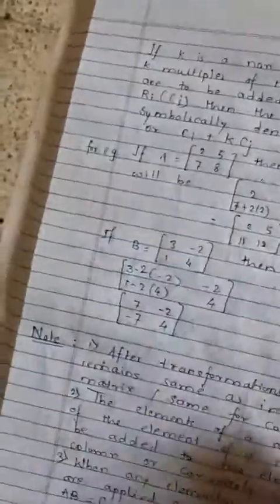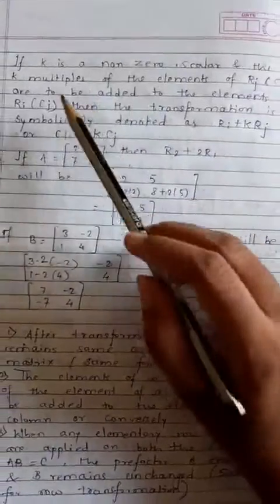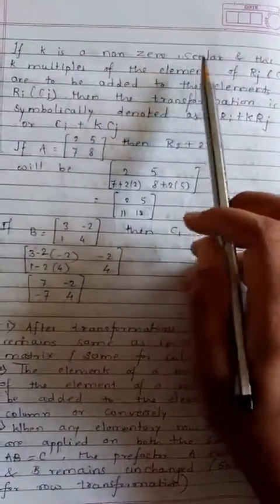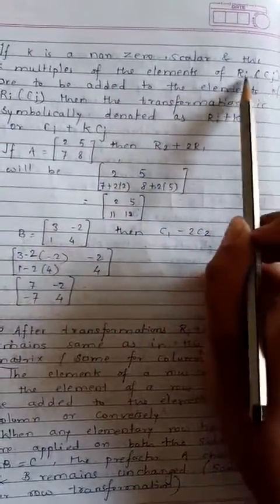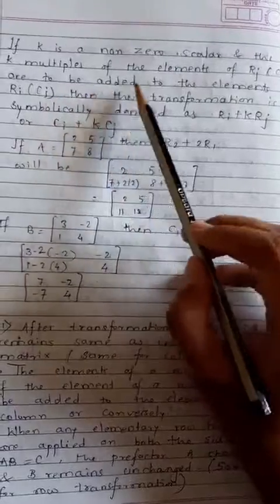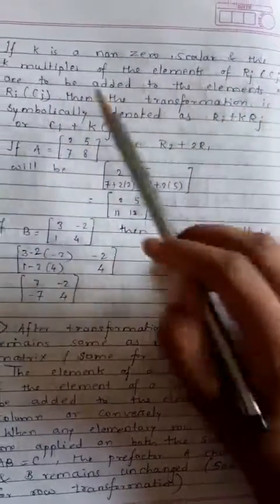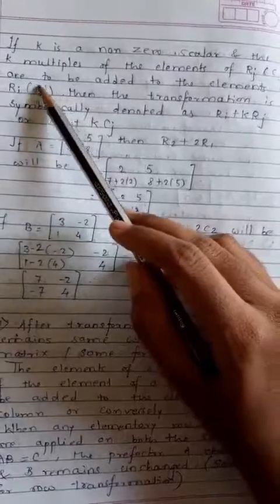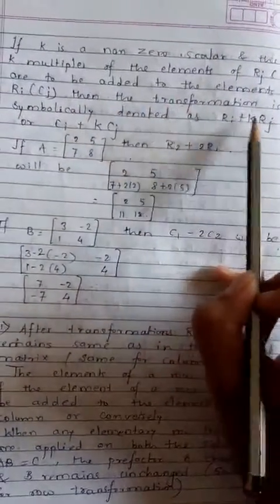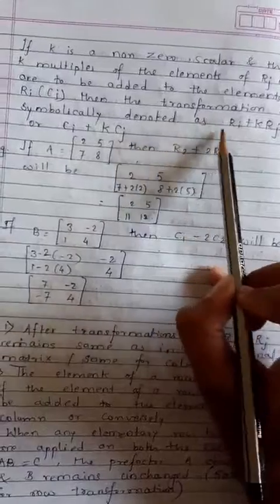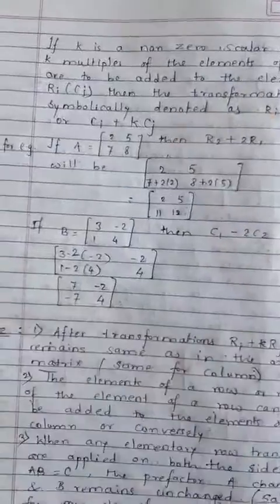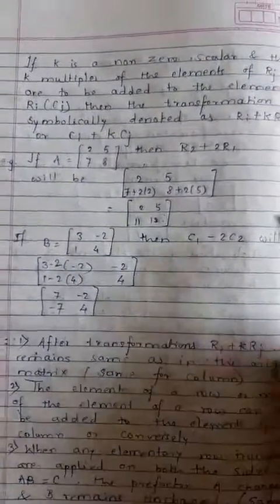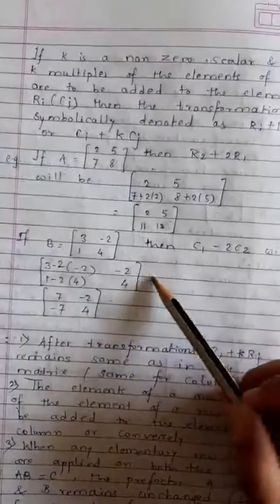So let us see what that is. First, if k is a non-zero scalar and the k multiples of the elements of Rj or Cj are to be added to the elements of Ri or Ci, then the transformation is symbolically denoted by Ri plus kRj or Ci plus kCj, okay. So let us see the first example of how to do this.